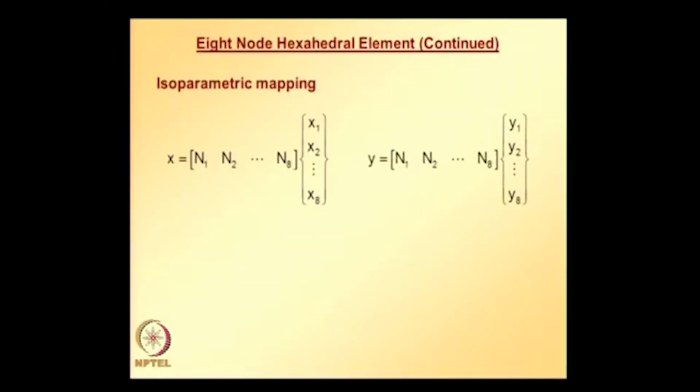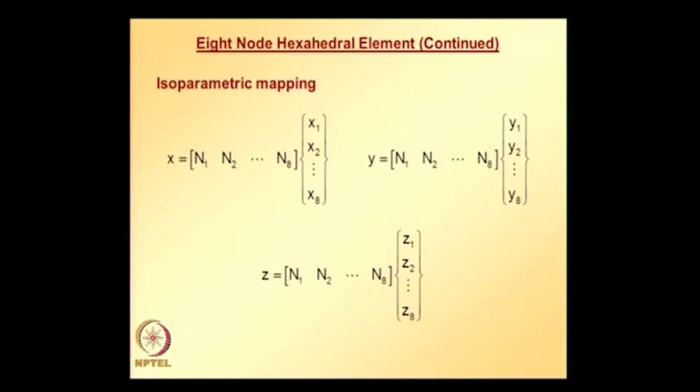All this we can put together in a matrix and vector form in this manner. Similarly, y can be written in terms of finite element shape functions and the y coordinates of all 8 nodes. Similarly, z can be written in terms of finite element shape functions and the z coordinates of all the 8 nodes.